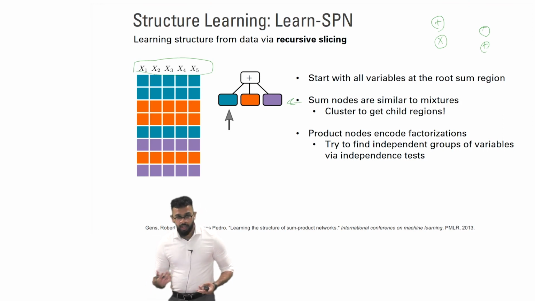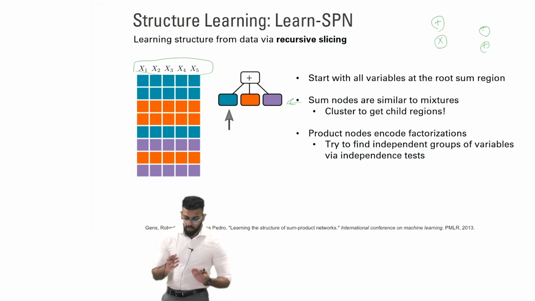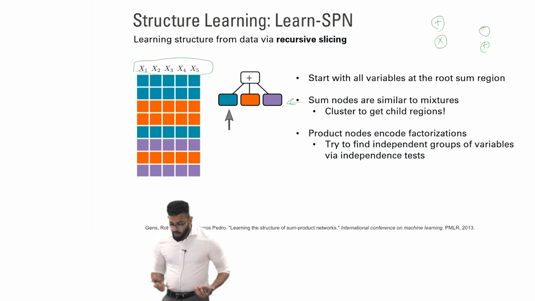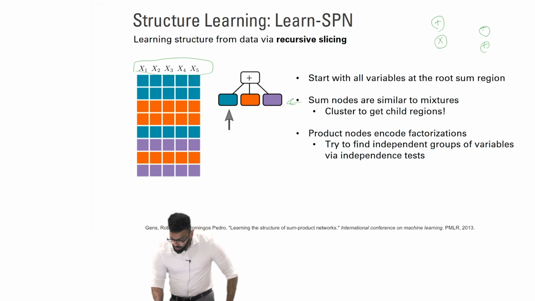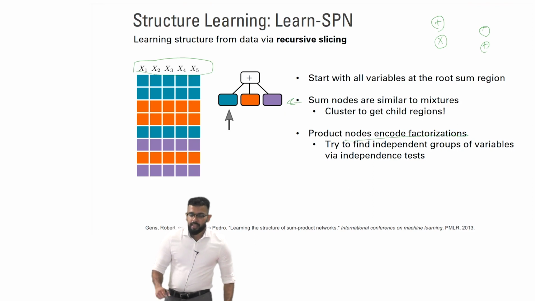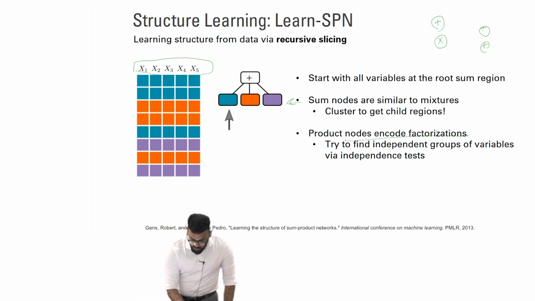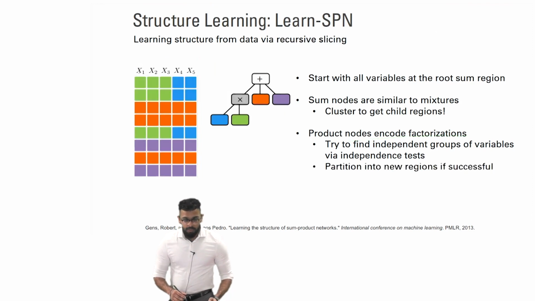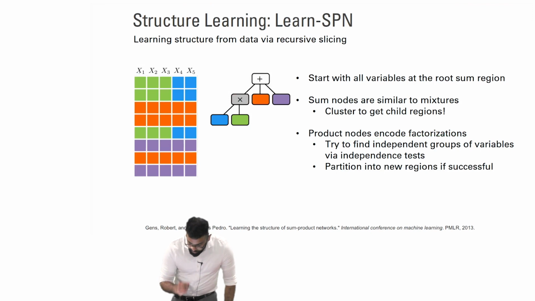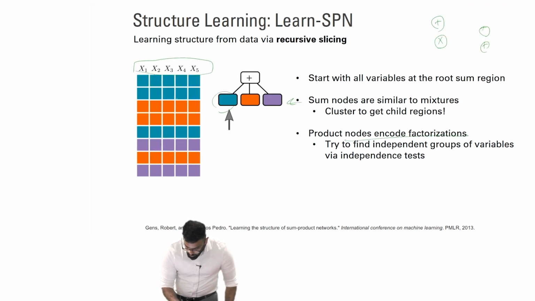Now, how do you define what sets of variables to decompose them into? Well, since product nodes encode factorizations, I can think of finding independent groups of variables. So if I have x1 up to x5, I can use some sort of independence tests to say that, okay, for this particular node, I would only be looking at this subset of data, which is the blue colored data.